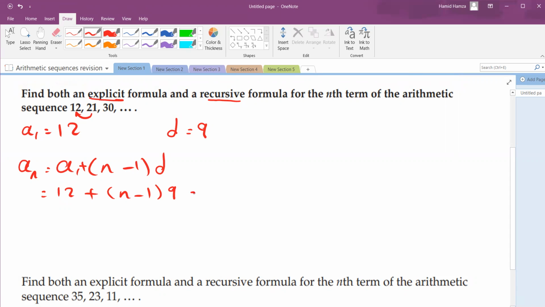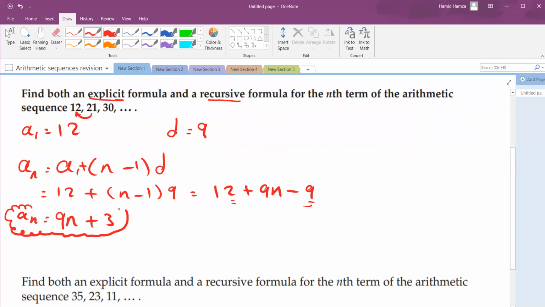Expand the bracket, so it will be 12 plus 9n minus 9. Combine like terms, so an will be 9n plus 3. This is the nth term, or explicit form.